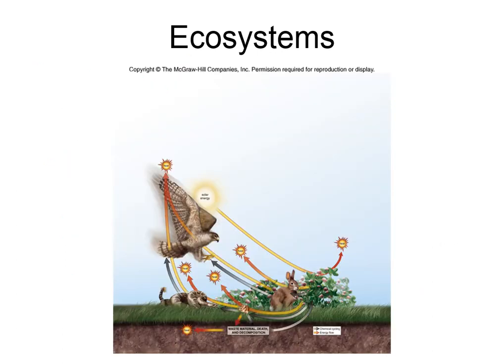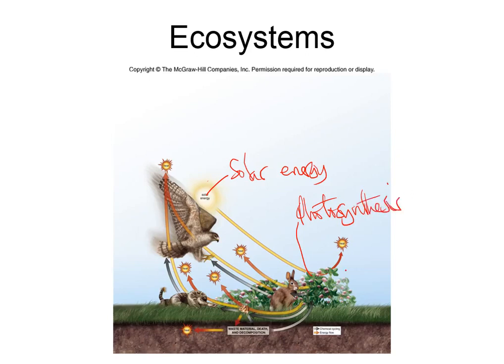So this is an example of an ecosystem. These ones are hard to see. You can see the sun here, providing solar energy to the ecosystem. The energy goes to the plants, and the plants undergo photosynthesis, and they produce different things.